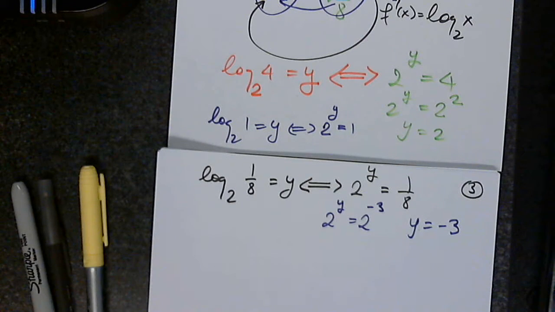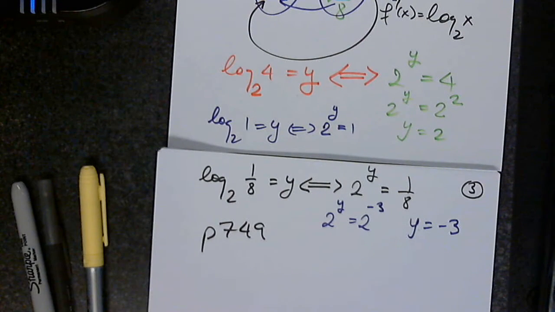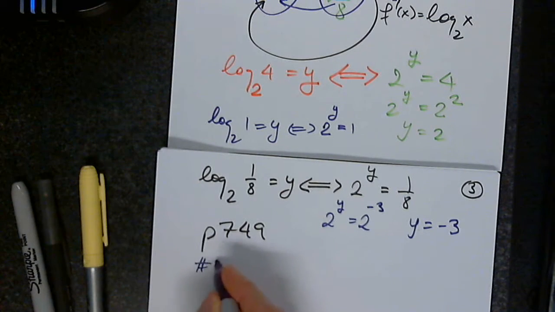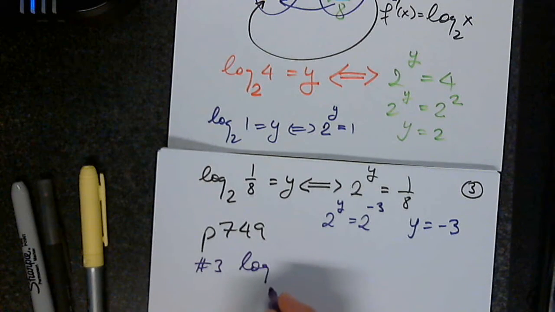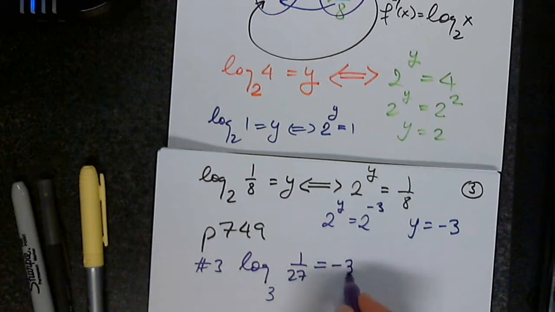Good. Now I would like us to practice what we just looked at. On page 749. Write each as an exponential equation. So let's say we start with number 3. Log base 3 of 1 over 27 is negative 3.